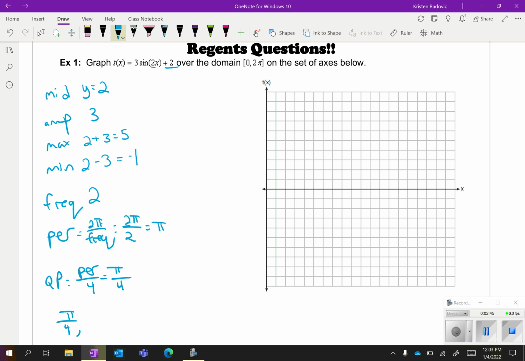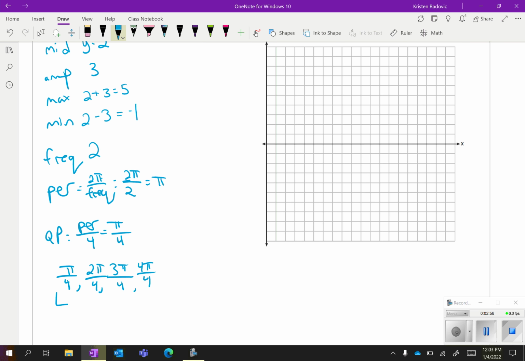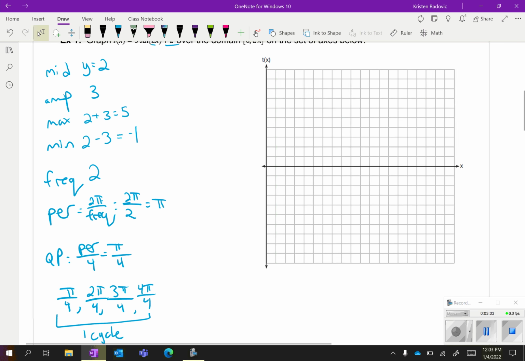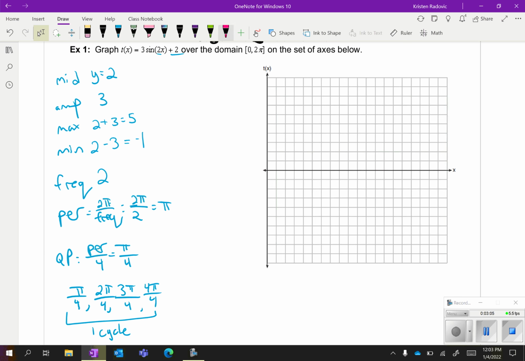Next quarter point, you're counting up. 2 pi over 4, 3 pi over 4, 4 pi over 4. Now that is 4 quarter points, so this is 1 full cycle of the graph. But we're not stopping at 1 full cycle because this particular graph tells us to go to 2 pi, and this right here is only pi.